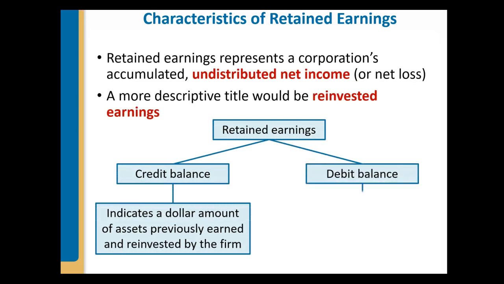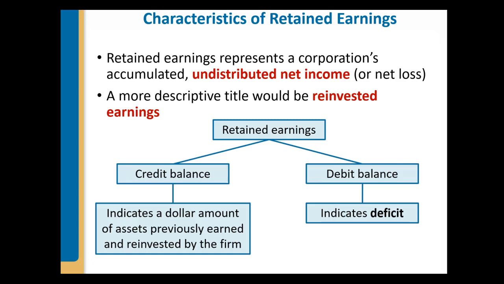So, in the previous section, we looked at invested capital. Now we are going to consider earned capital, which is retained earnings. In general, retained earnings represents a corporation's accumulated undistributed net income or net loss. A more descriptive title used by some companies is reinvested earnings.